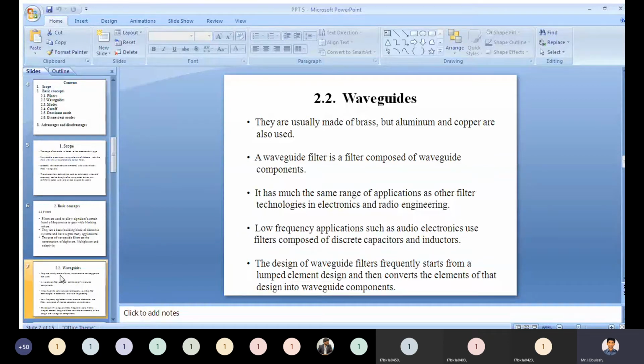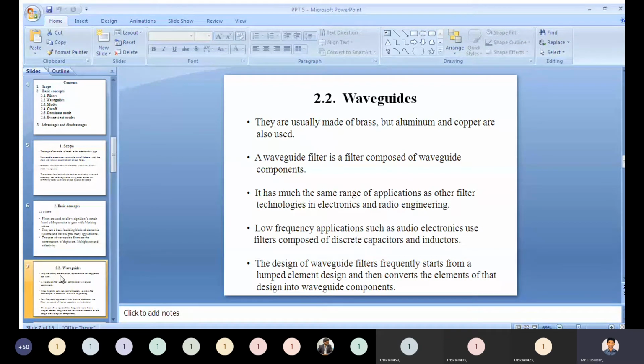A waveguide filter is a filter composed of waveguide components. It has much the same range of applications as other filter technologies in electronics and radio engineering, but is very different mechanically and in principle of operation.